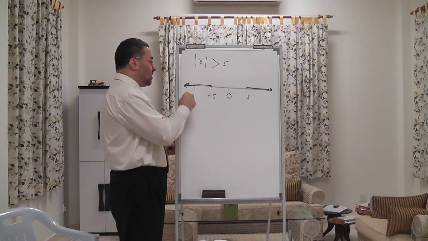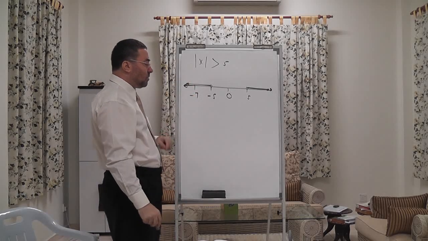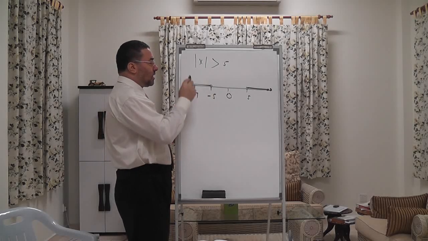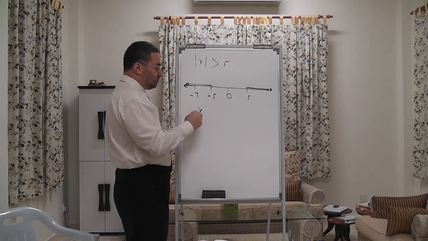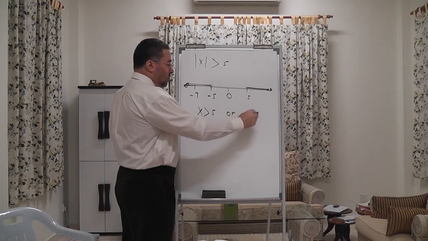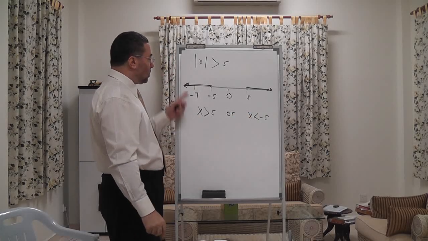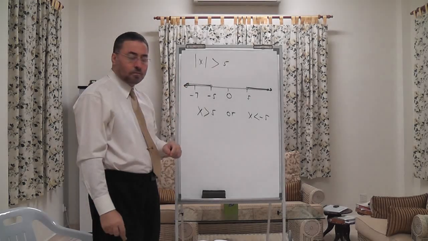So if we have a number here of -7, you put it in the absolute value, it comes out as +7, and that will be more than 5. So basically, we can rewrite this inequality as such, x less than -5 or x more than 5. So the solution for this inequality is this disjunction.